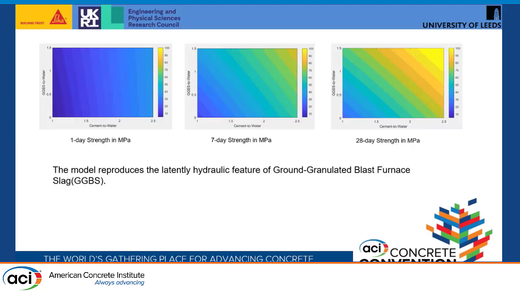Please look at the left-hand side, the one-day strength contour plot of cement to water ratio and GGBS to water ratio. See the arrows, the GGBS contribution to the strength is not much. And as time passes, when we go to the other contour plots, we see the contribution from GGBS.